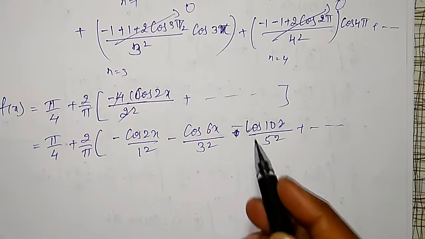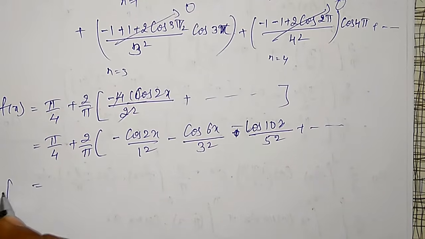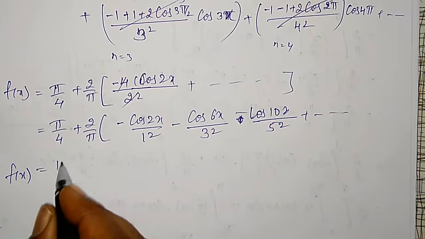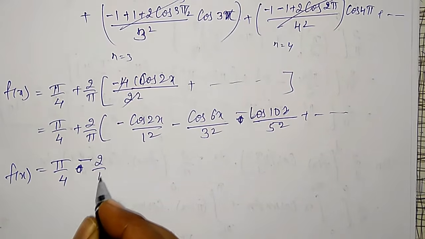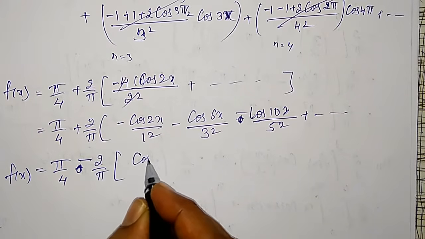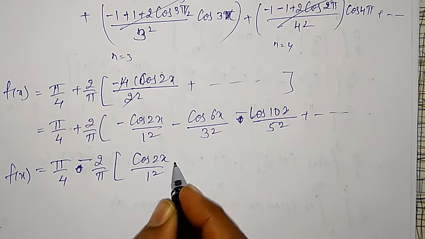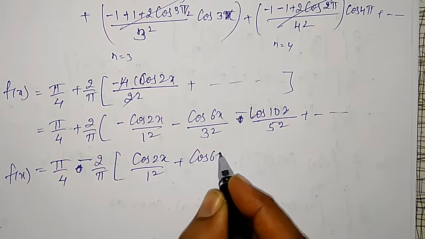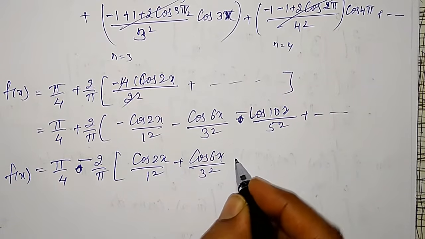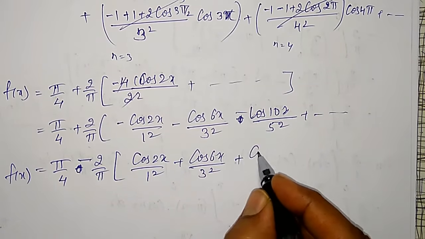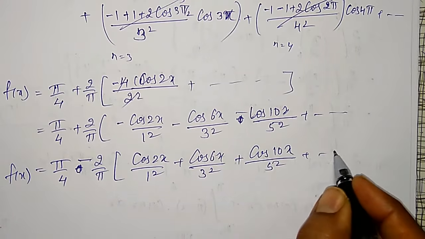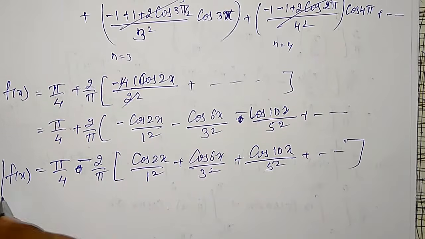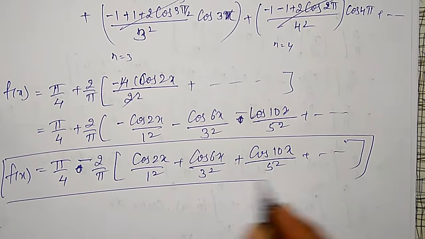Therefore, taking minus common, f of x is equal to pi by 4 minus 2 by pi into cos 2x divided by 1 square, plus cos of 6x divided by 3 square, plus cos of 10x divided by 5 square, plus so on. This is the required deduction that I had to prove.